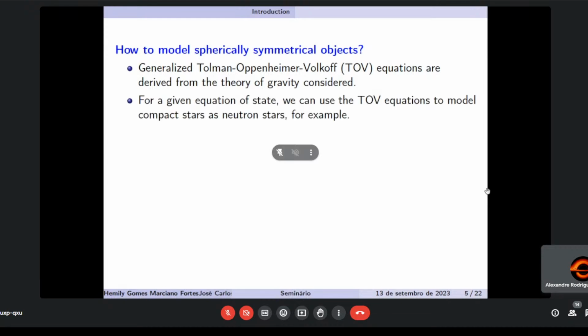Besides that, you have to consider an equation of state. So you can use these equations and the equation of state, which describes this compact object, and you can model these stars. For example, in my case, I was working with neutron stars. With that, we can determine a lot of things, and especially the maximum mass allowed for a neutron star.